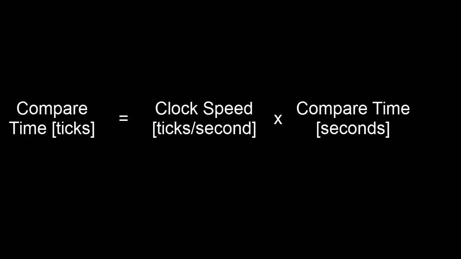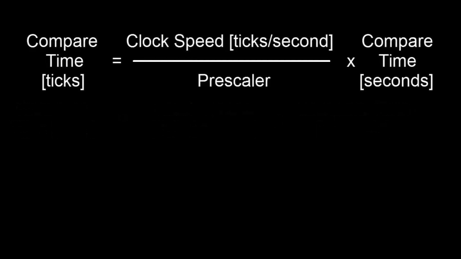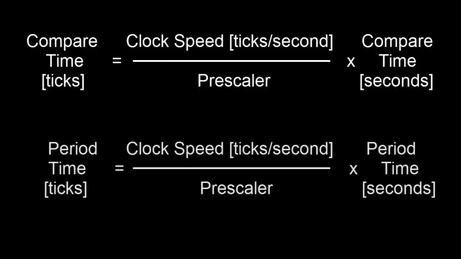Now, since the prescaler has the effect of slowing down the clock speed, here's where we put the prescaler in this equation. We will divide the clock speed by the prescaler. Similarly, we can write an equation for the period time.